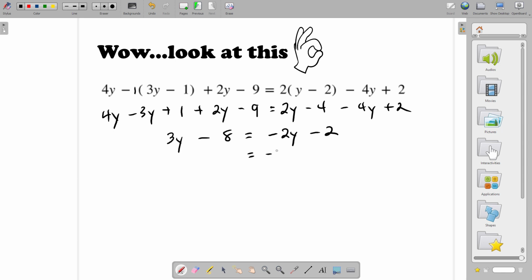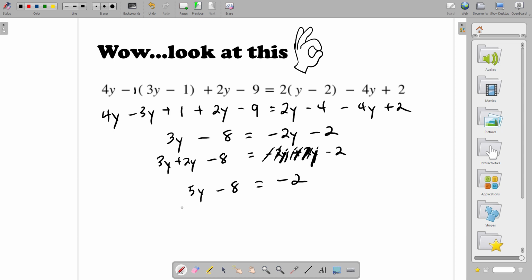So in this case, I'm going to add 2y to this side so that those will add up to 0. If I do that on the right, I must do that on the left. The -2y and the positive 2y add up to 0. I'm left with -2. 3y plus 2y is 5y minus 8.